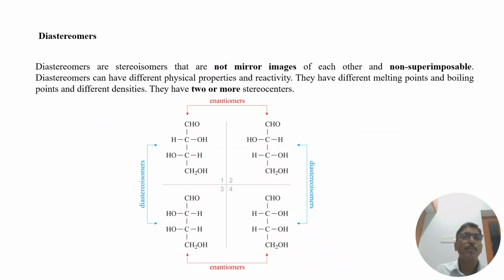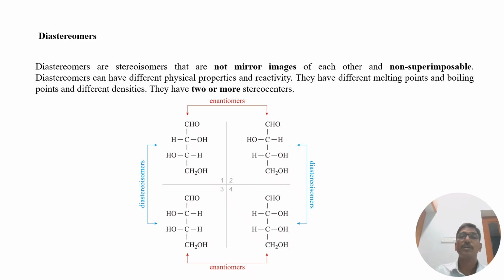Having seen the importance of enantiomers, now let's move on to diastereomers. Diastereomers are stereoisomers that are not mirror images of each other, unlike enantiomers, and are also non-superimposable. Individual diastereomers have different physical properties as well as chemical properties.